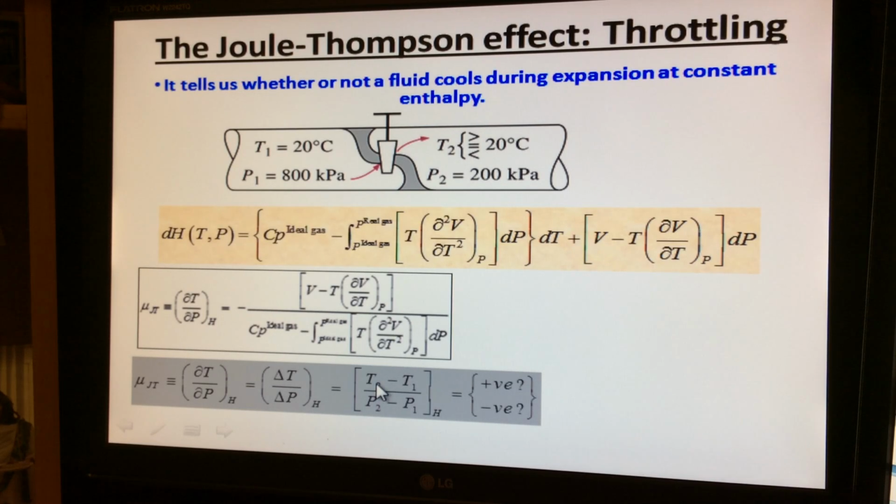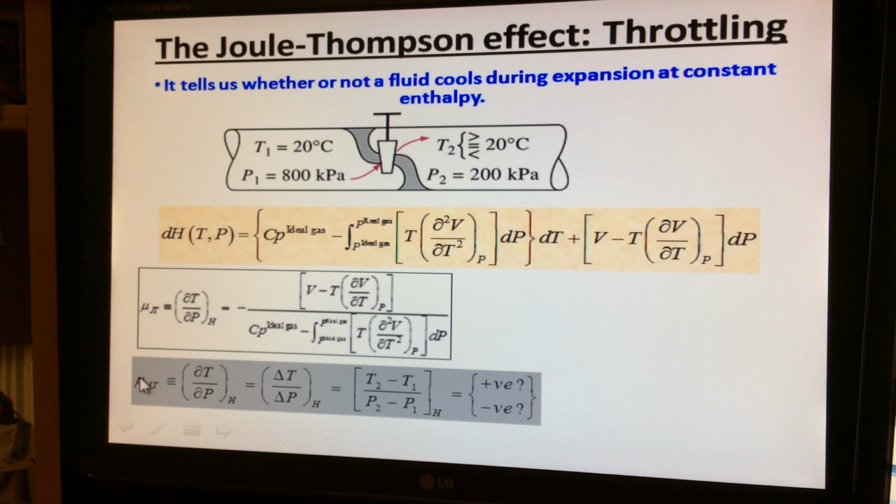However, if T2 is less than T1, which means the exit temperature is smaller than the inlet temperature, obviously the fluid must have lost energy somewhere in the process, and in that case this difference will be negative. So you have a negative on the top and a negative at the bottom, and mu JT becomes positive.